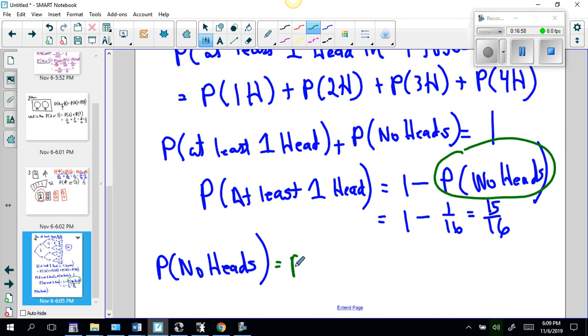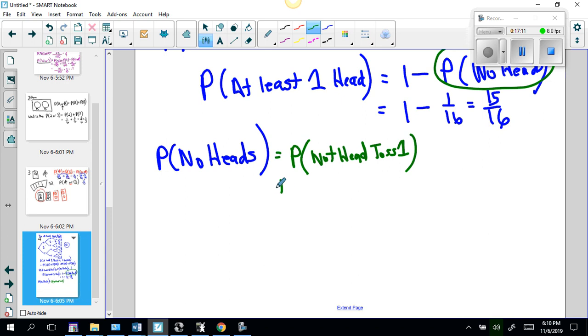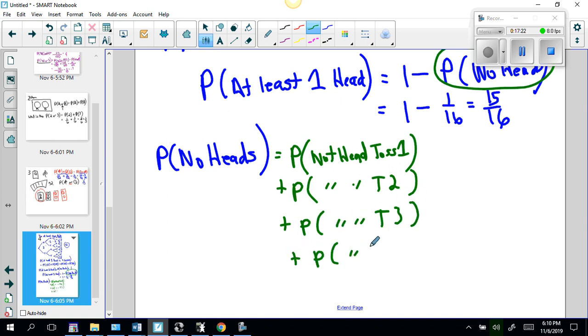Well, it's the probability of not a head on toss 1 plus the probability of not head on toss 2 plus the probability of not head on toss 3 plus the probability of not head on toss 4. But we know this. The probability of not a head is 1/2. Oops, sorry. These are times.